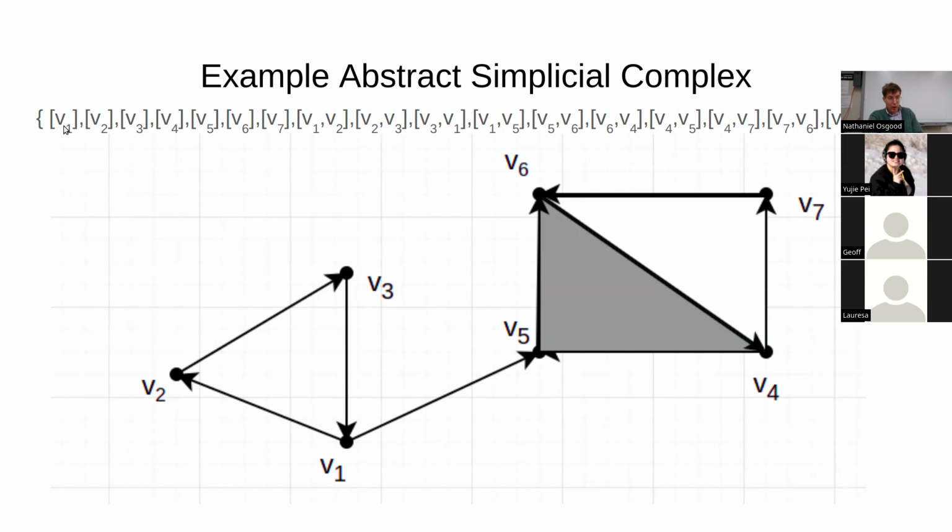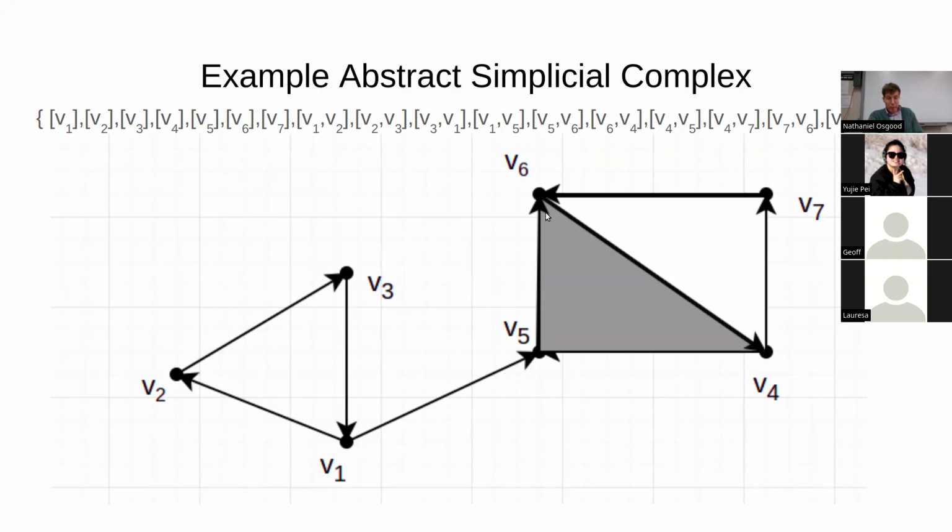So, for example, the vertices here are V1 through V7. And each of those vertices are in here, but so are a variety of higher dimensional structures, higher than 0 dimension. Those are the 0 simplices. But then we have 1 simplices like V1, V2 for this edge, for V2, V3.